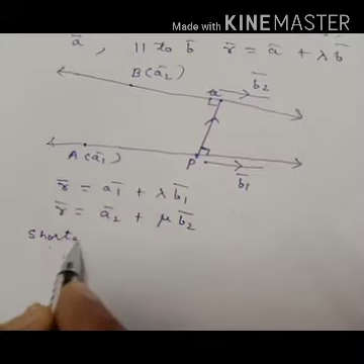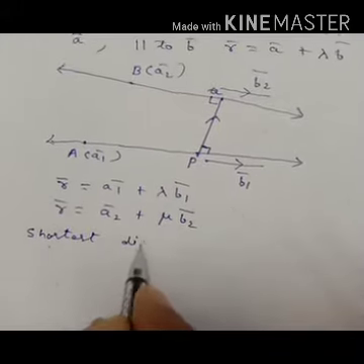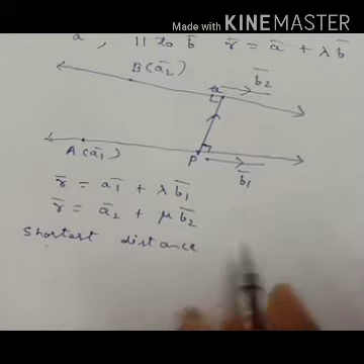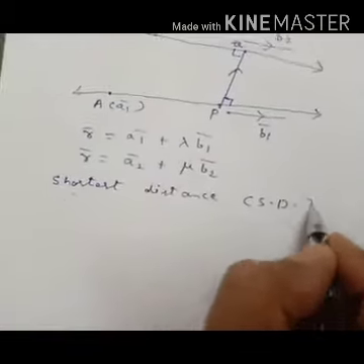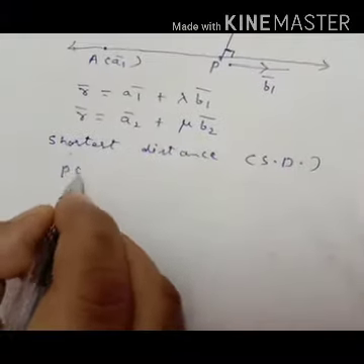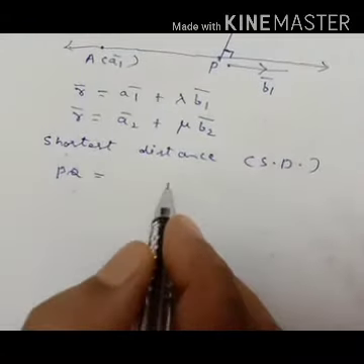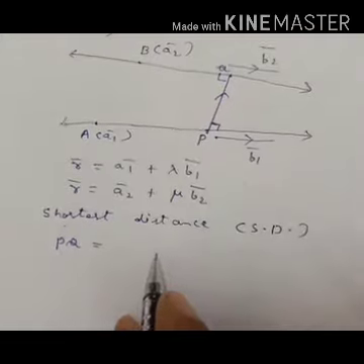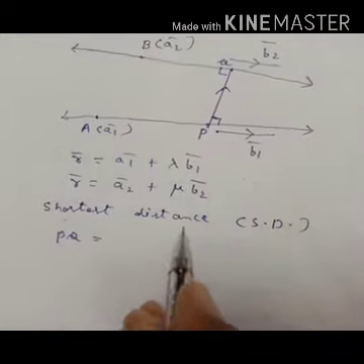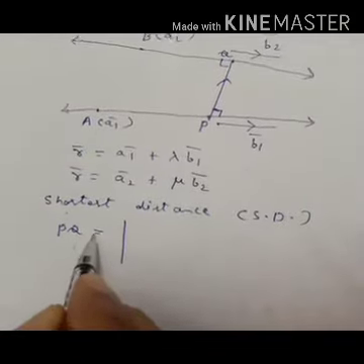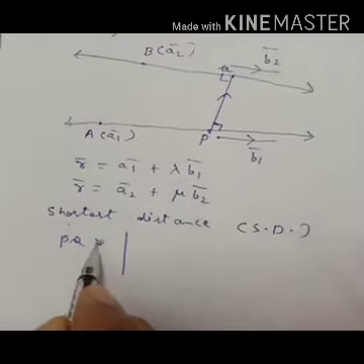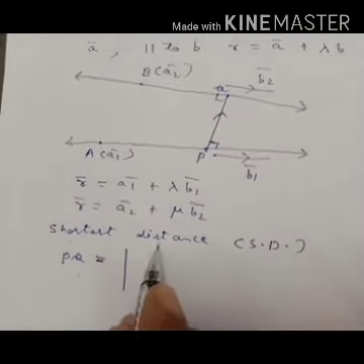So the shortest distance between two lines. Here PQ is the shortest distance because PQ is perpendicular to both the lines. And PQ is a length, so it cannot be negative, so we have to write that in mod sign.